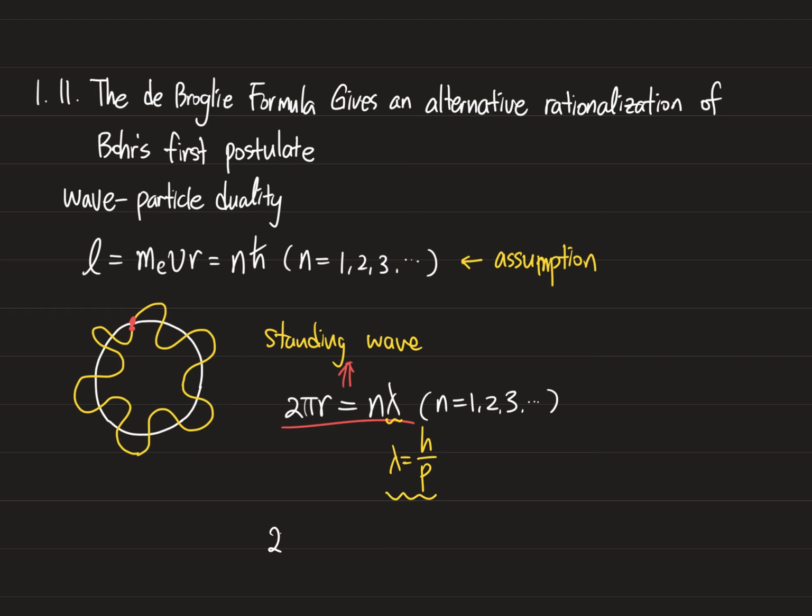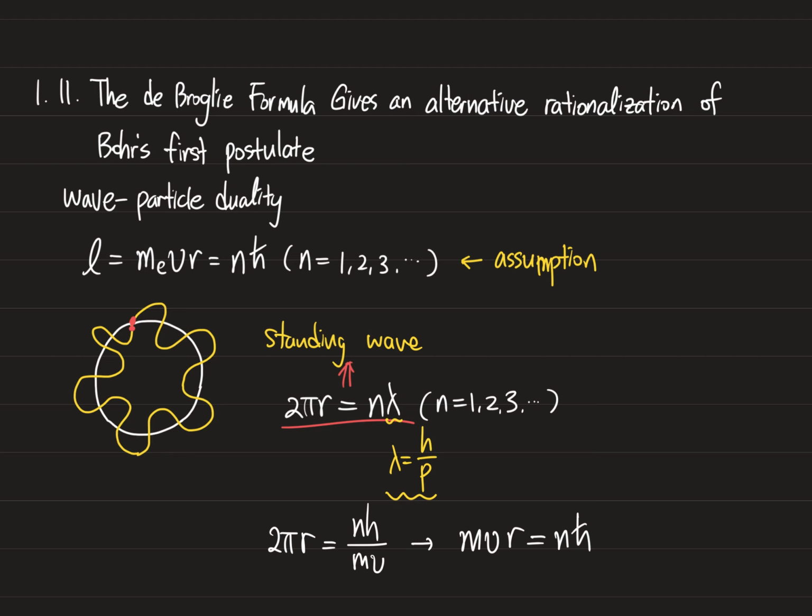That means 2 pi r should equal n h over mv. And we rearrange this equation by multiplying both sides by mv and dividing by 2 pi. Then we will obtain mvr equals n h bar.